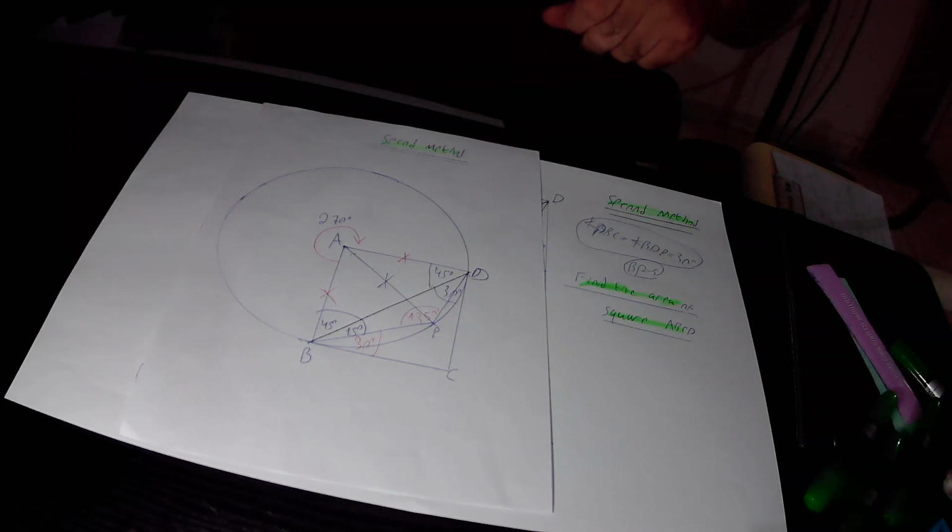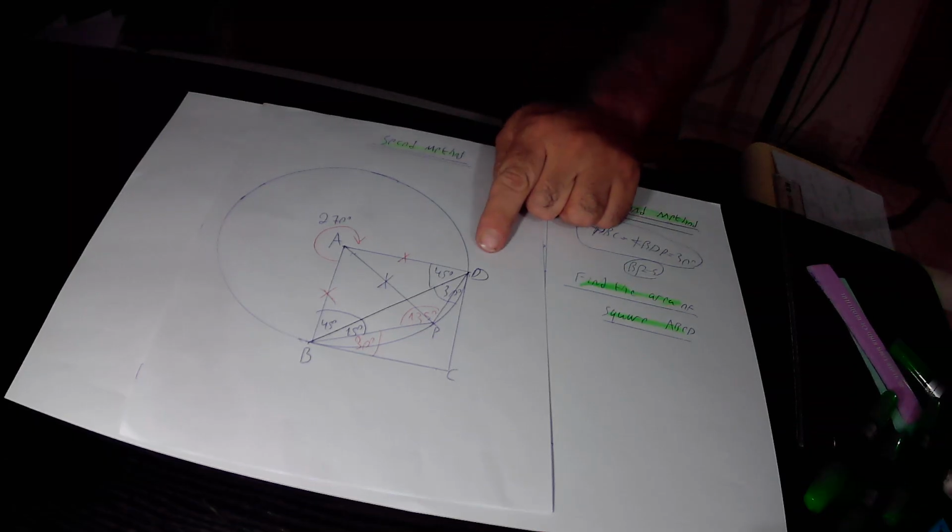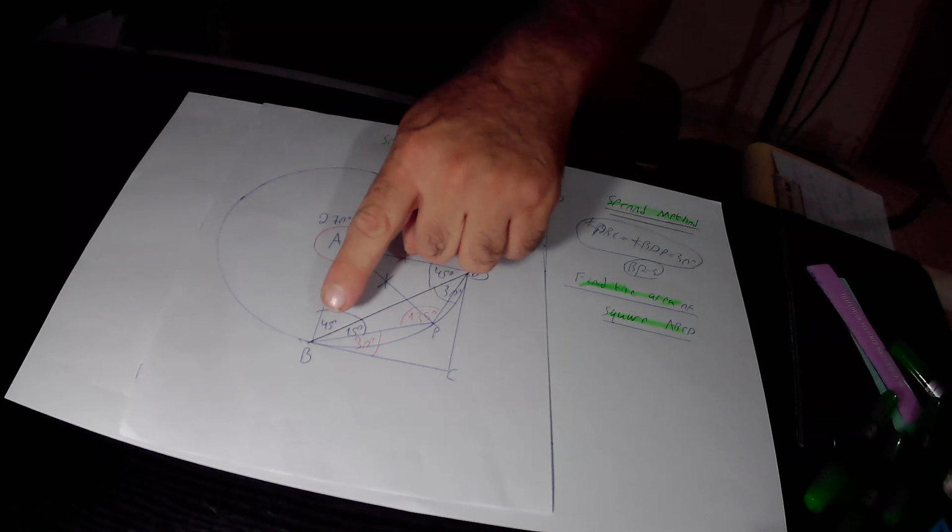We know that for any peripheral angle, all of its three vertices must be located on the circle itself. Vertex D is located on the circle. Vertex B is located on the circle.